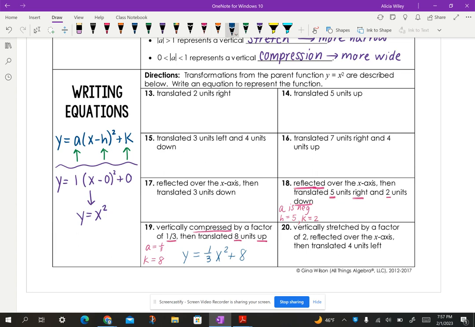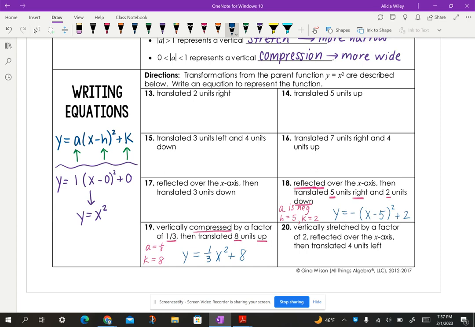So if you plugged that into your vertex form, that would be y equals, your a value would be negative, so technically it's -1. You can write the -1, I'm just going to write negative. Then because I have an h value that's not 0, this wouldn't simplify to x squared, so I have to put the parentheses. So it'd be x minus, the h value is 5, close the parentheses, square it. And then my k value is plus 2. So that would be your answer.